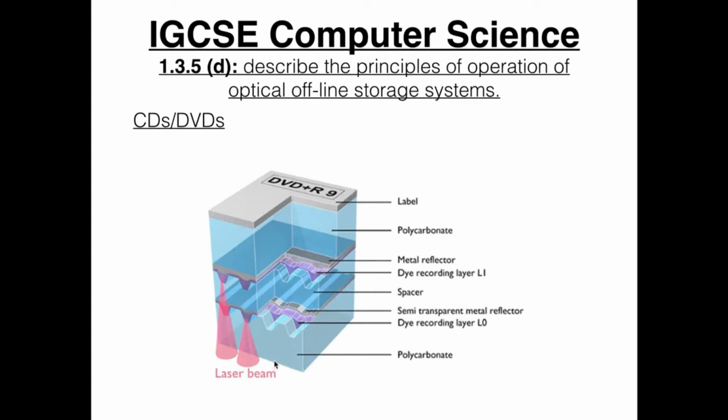How this works is the laser changes its focus in order to pass through this semi-transparent layer and read the second layer here. And that's pretty much how it works. Now, there is a disadvantage to this, which we will look at later.